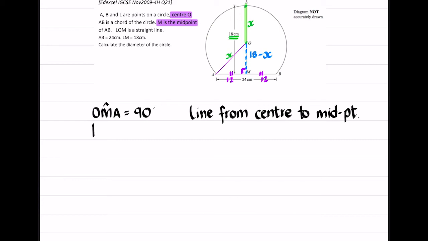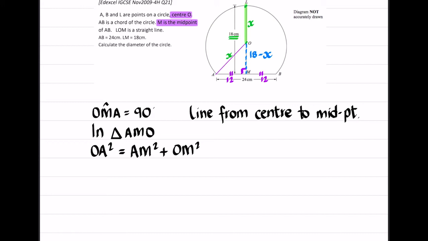So now I can start and work in a triangle. So I'm going to work in triangle AMO. So if I'm working in AMO, which is a right angle triangle, I know that the hypotenuse squared, so OA squared, is equal to side 1, which is AM squared, plus side 2, which is OM squared.